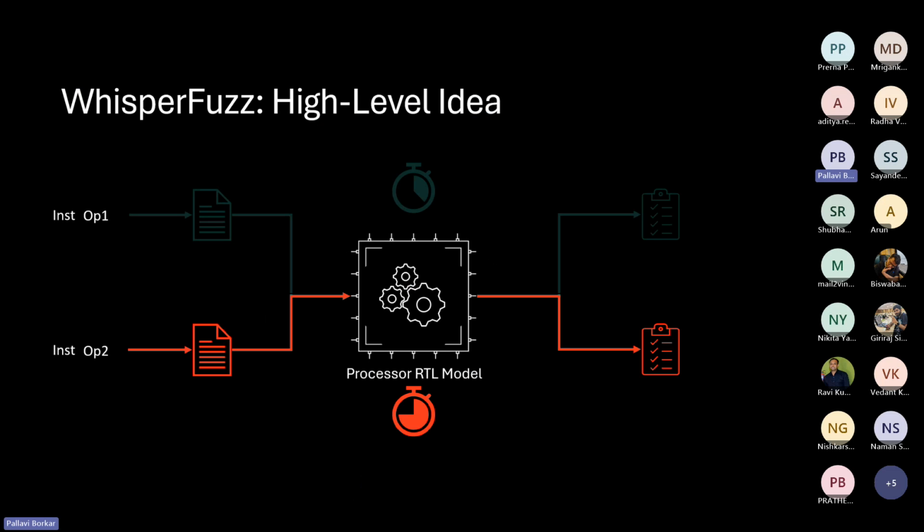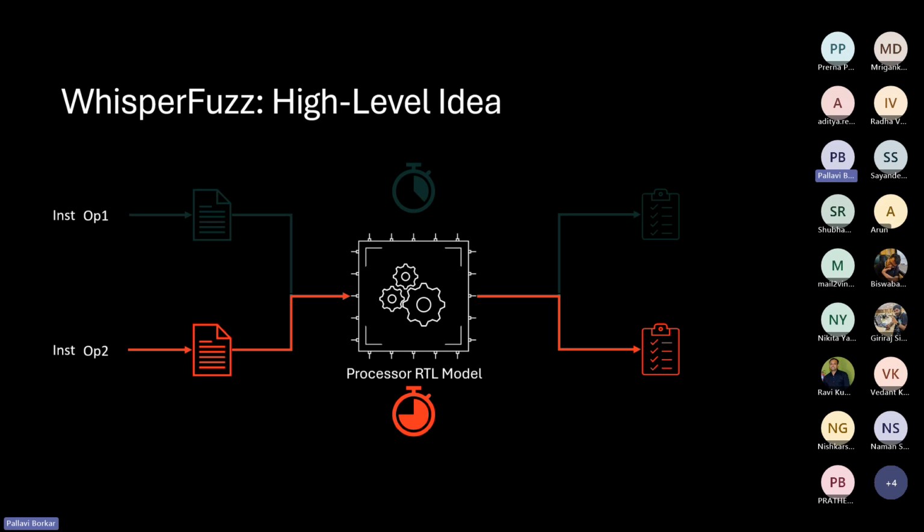For a processor RTL model, consider two instruction sequences with the same instructions but differing operands. One instruction sequence takes less time to execute compared to the other sequence, thereby causing a timing difference, which can then be exploited to leak the value of the differing operand.